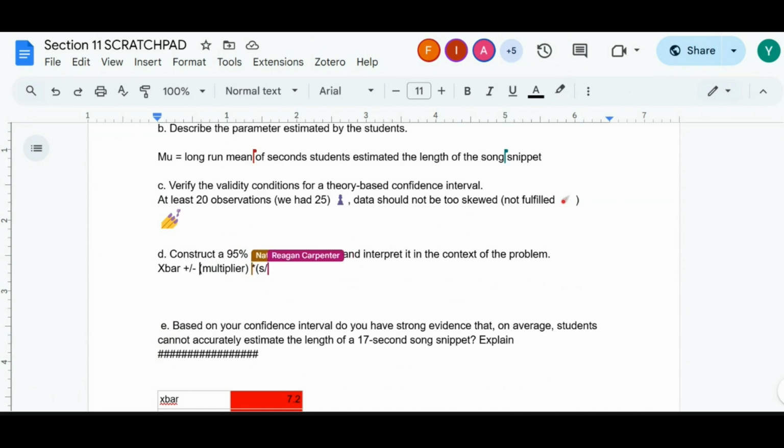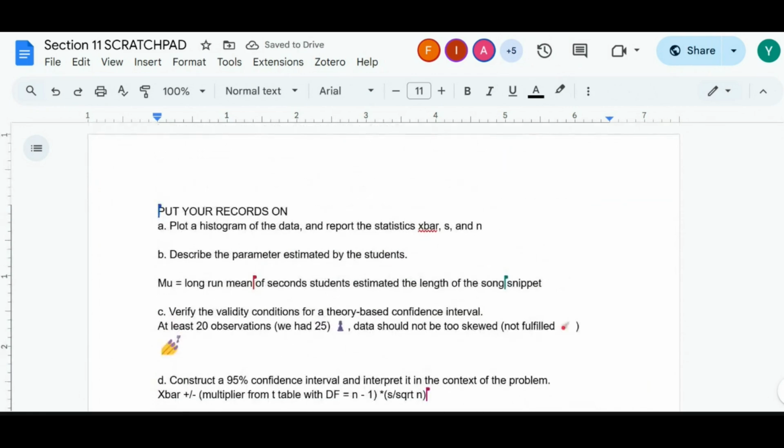It's a simpler one actually. S over root n. That's right. So to make it a little bit more complete, I will always say the multiplier comes from the which table? T. Very good. With how many DF? Very good. So let's do that.